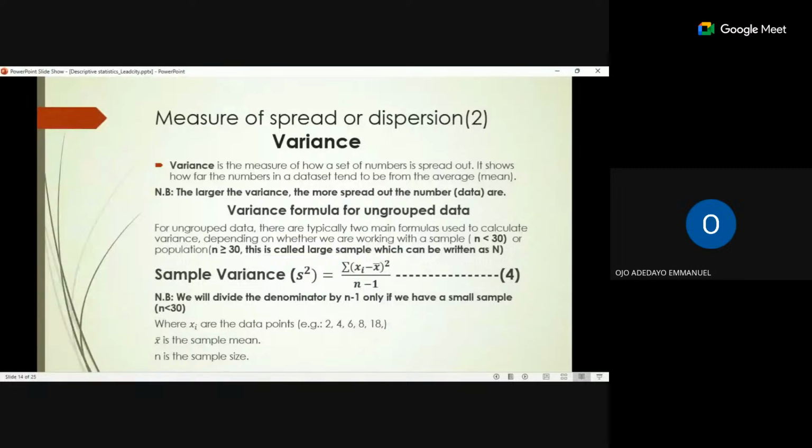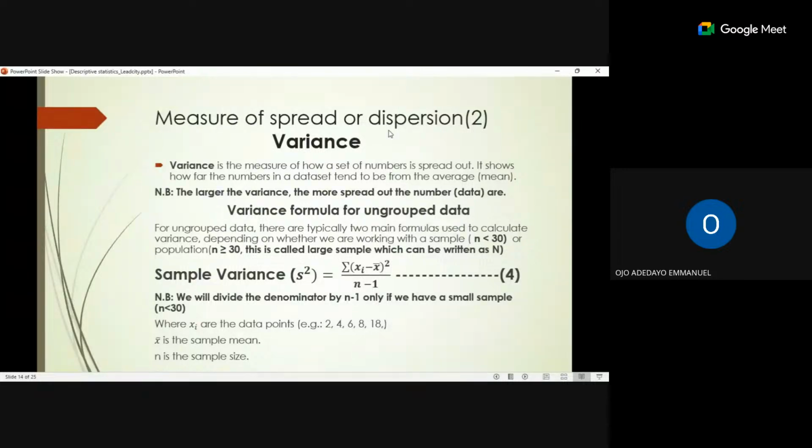Anytime you have your observation greater than or equals to 30, it is called a large data set. But anytime your observation is less than 30, we have the small sample size.